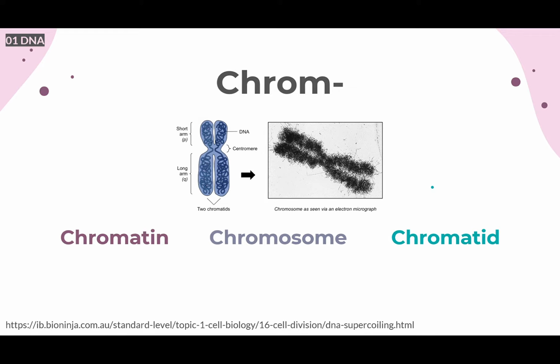We lastly have chromatids: during the S phase of the interphase, sister chromatids form, and they separate for mitosis into chromosomes. You can see that these X-shaped chromosomes have two chromatids.